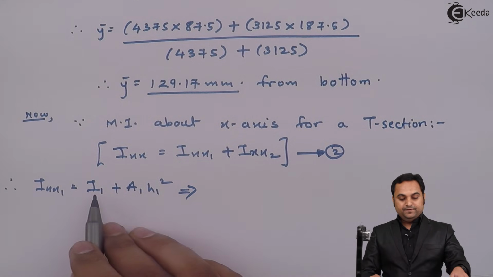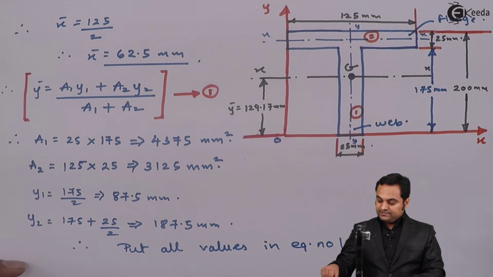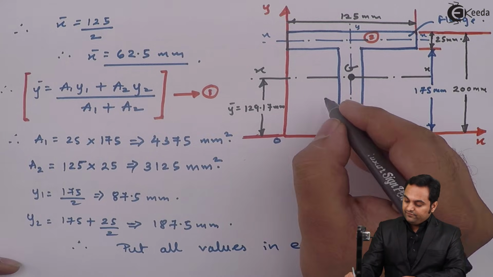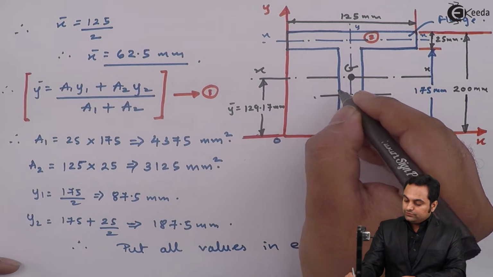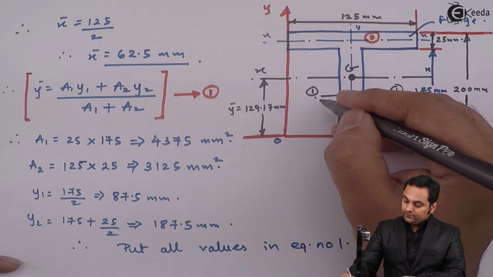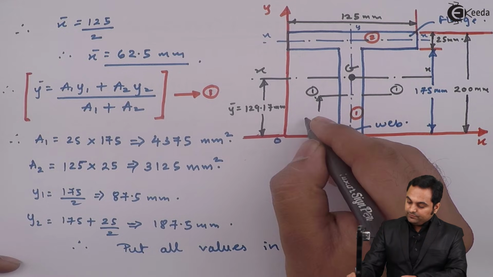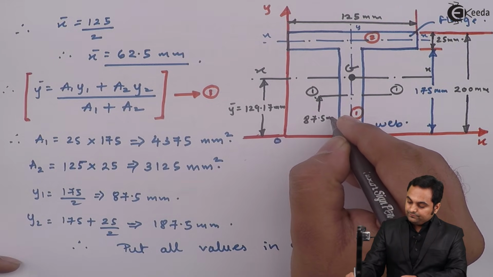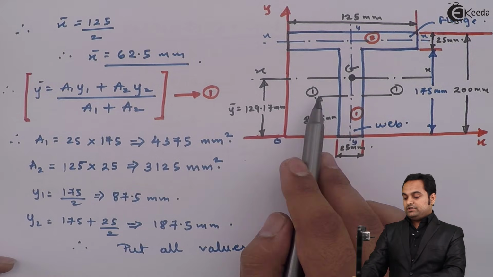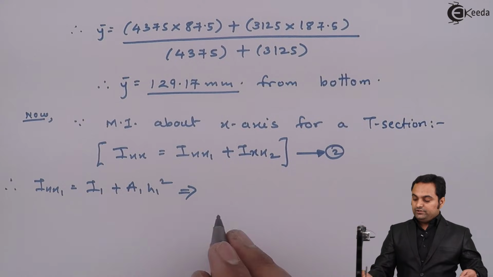Now what is I1? Here I1 is about the x-axis for the first section, which will be at half of 175. So this is the x-axis. I'll call it axis 1, located at distance y1, which is nothing but 87.5 mm from bottom.